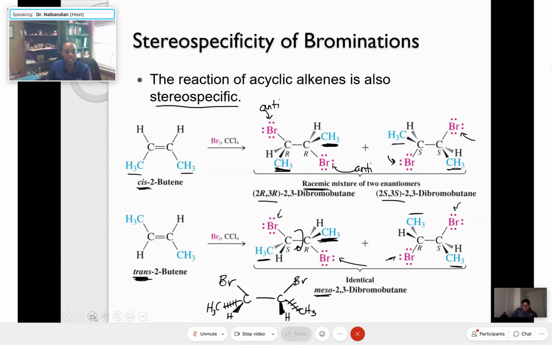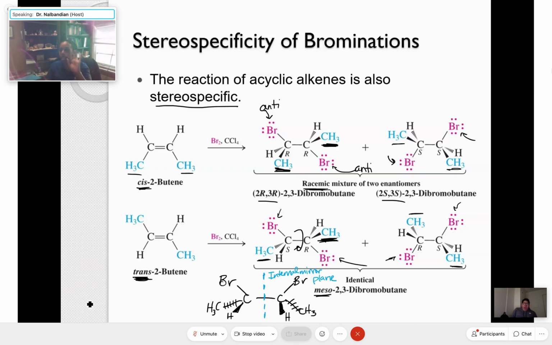that there is an internal mirror plane. And so if there's an internal mirror plane, that means it is achiral. So we call it a meso compound, where both of these compounds here, the SR and the RS, are identical to one another.